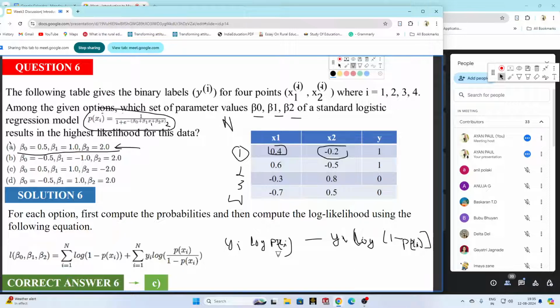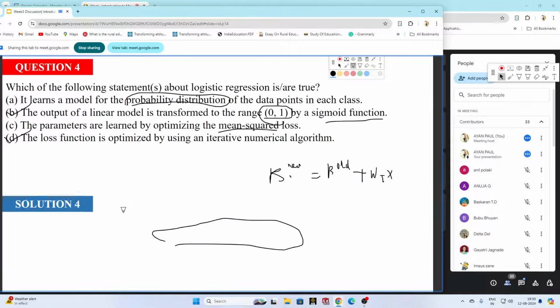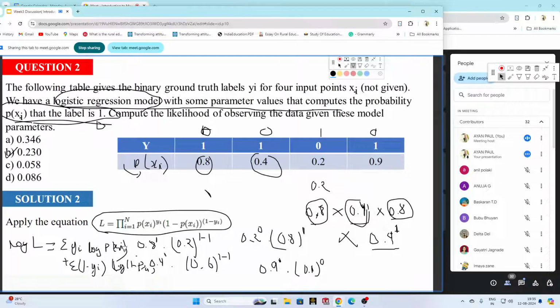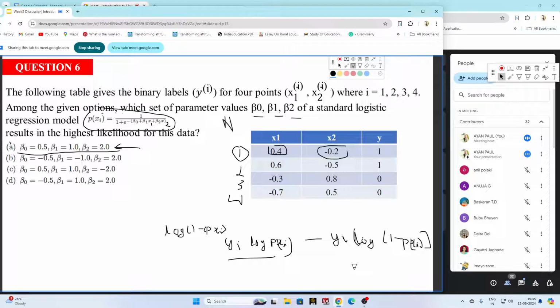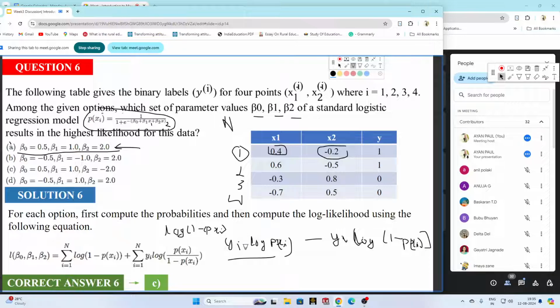Here you can take log of 1 minus p(xi) common, giving 1 minus yi. So your equation is the same thing: yi log of p(xi) plus 1 minus yi log of 1 minus p(xi). They have just written it in a slightly different form.